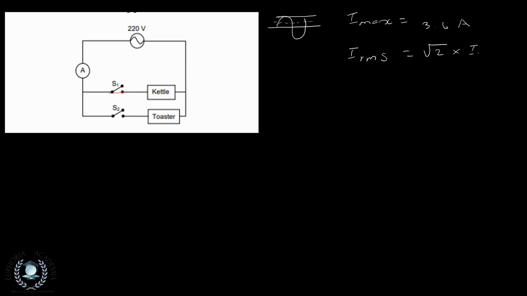So we substitute our max current, 3.6 amps, and we will find that our I_RMS, our RMS current, the same current that is going to be read by a DC current, is going to equal 2.55 amps, and that is the answer.